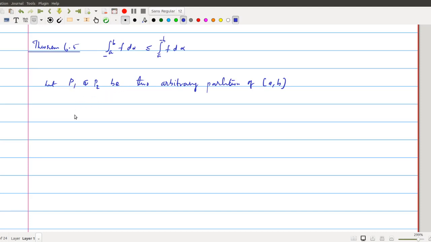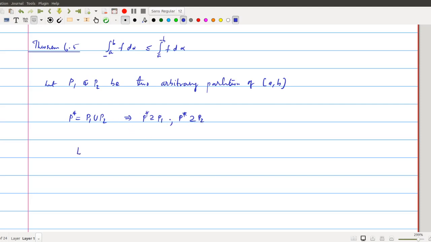So if this is the case, then you define P* equal to P1 union P2, which is a partition. Since P* is the union of these two, P* contains P1 and P* contains P2 as well. So P* can be considered a common refinement of both partitions P1 and P2.